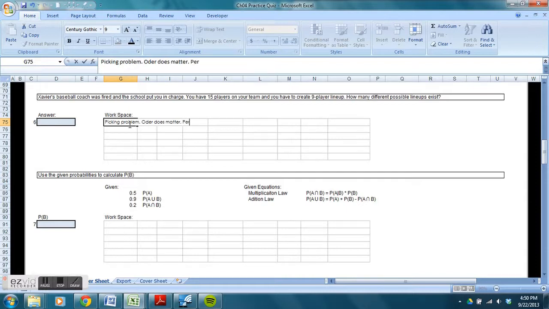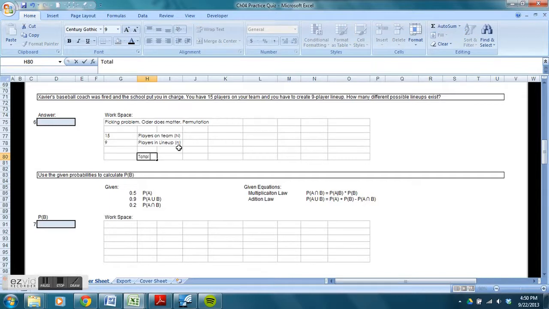So players on team, that's the number of players that we're picking from, represented by big N. Then we have players in lineup, and that will be little n. We have 15 players on the team. We're picking 9, and total possible lineups.